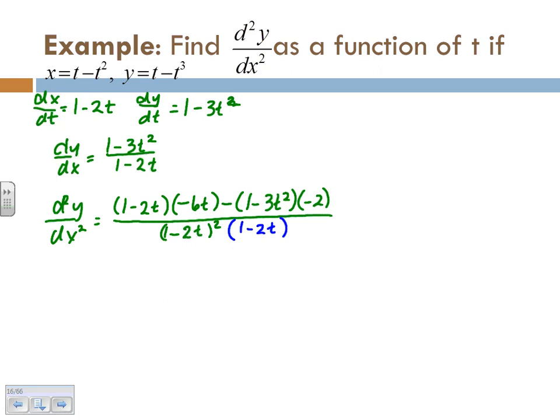It just so happened that this is going to be 1 minus 2t cubed. That won't always be the case, because a lot of times you can simplify your dy dx. So don't just think cubed. Think low d high, high d low, low low, and then divide by dx dt. Now simplify that. Go.